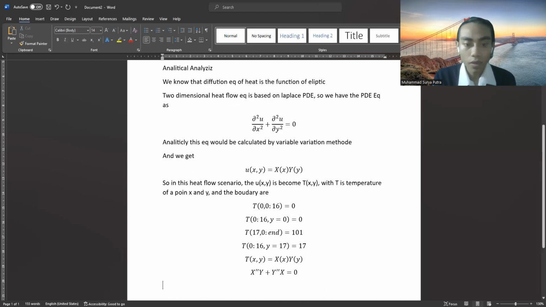And then in this case, this side, we're gonna subtract and move to this side.